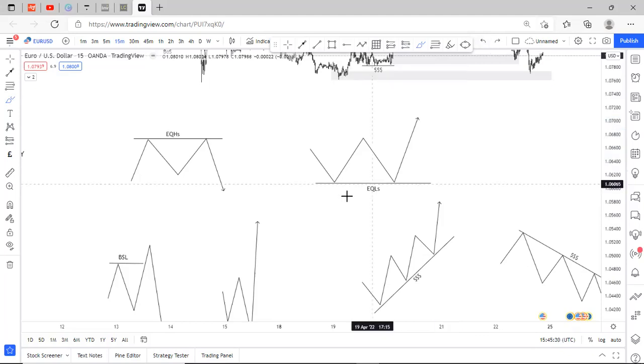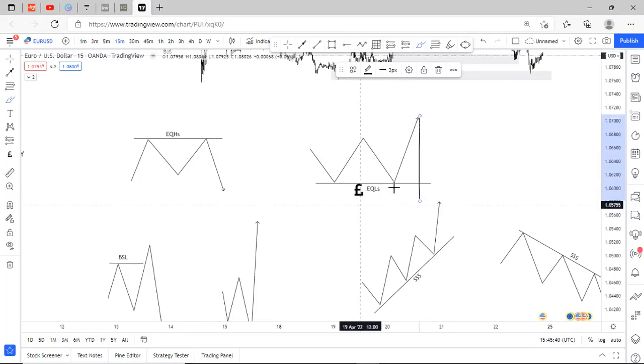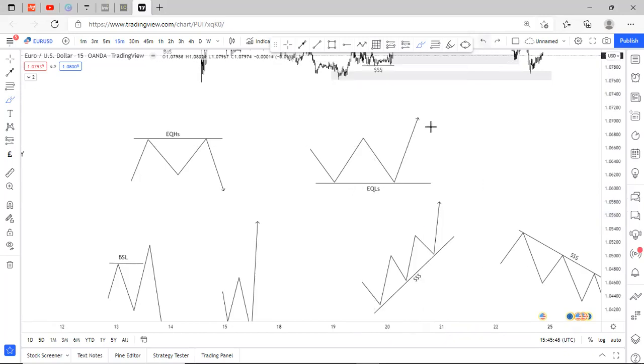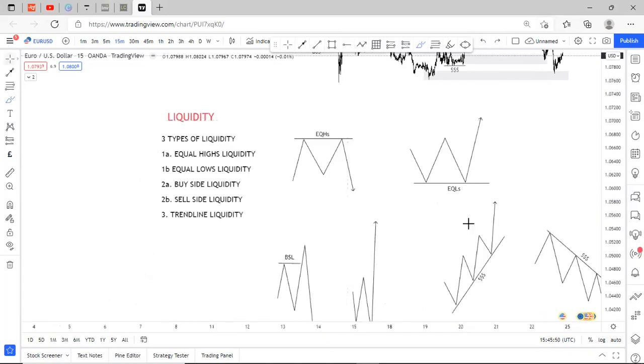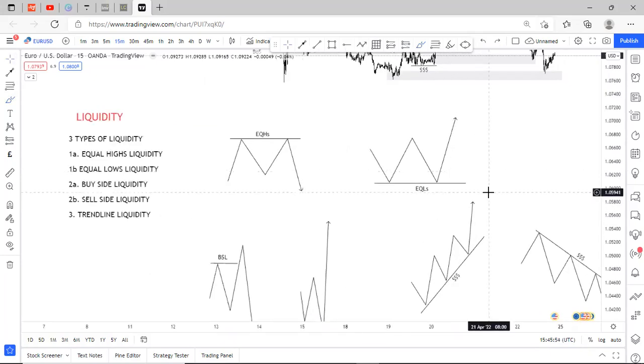But as an institutional trader, you should know that these zones are liquidity zones, and markets can push down to grab the liquidity right here and keep selling down. At this point in time you get stopped out of the trade. Okay, so equal lows are not support zones, they are liquidity zones.